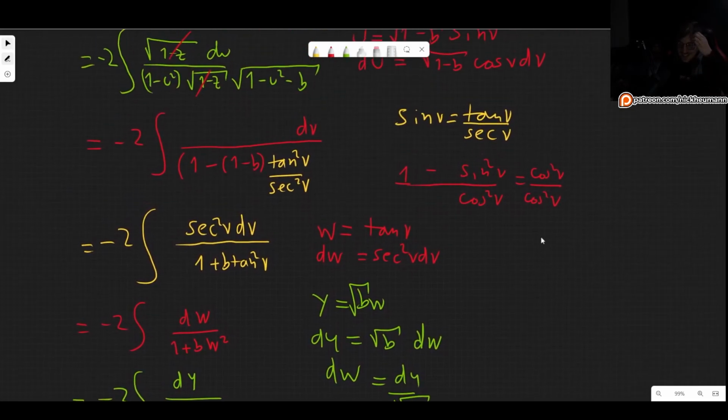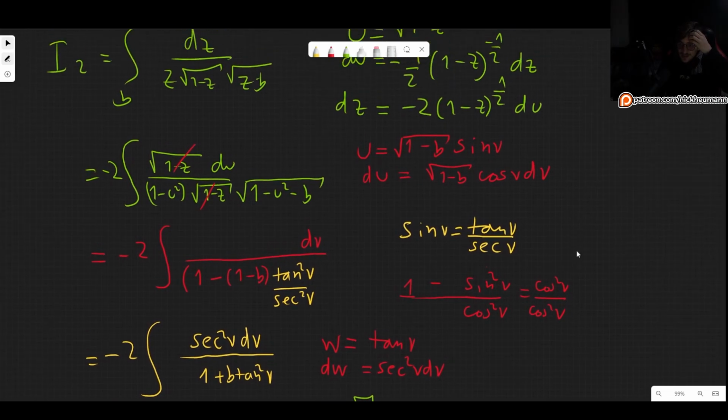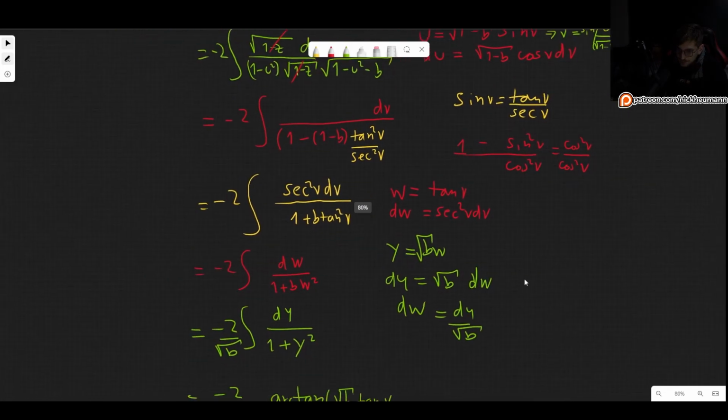So now we have to continue. What is v? Where did I define it? We hadn't written it down explicitly, but from here we can see that v is u over the square root of 1 minus b, and we have to take the arc sine of this. All right, so we just plug it in.